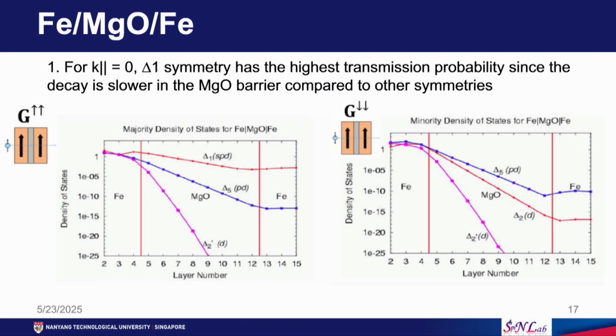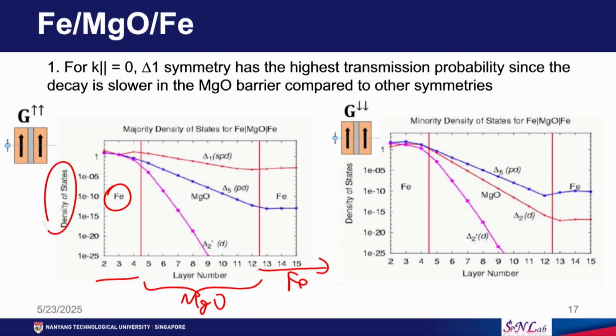Okay, now let us come here. So, here we are talking about layer number. For example, this side represents the iron layer, one side of the magnetic tunnel junction, and from here onwards it is again iron, the other side of the magnetic tunnel junction, and this region represents the magnesium oxide layer. And this picture shows the density of states for the parallel configuration.